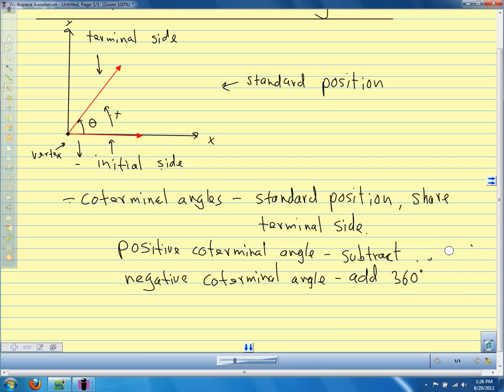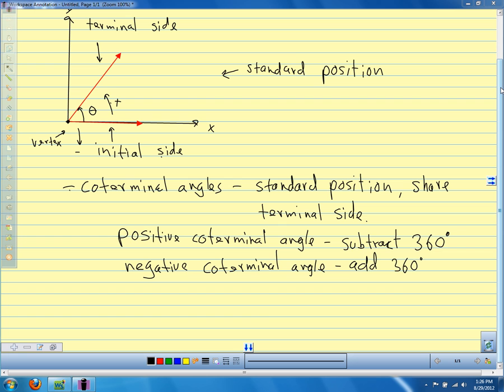I'm going to change this, not subtract from 360, but subtract 360. So we can find our coterminal angles just by adding or subtracting 360 degrees.